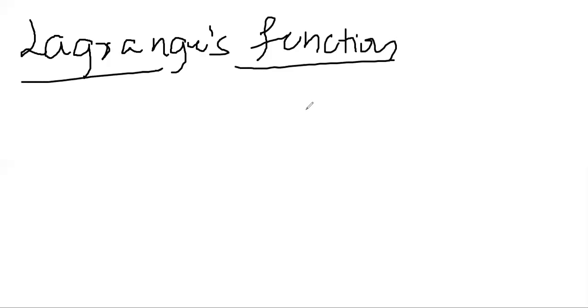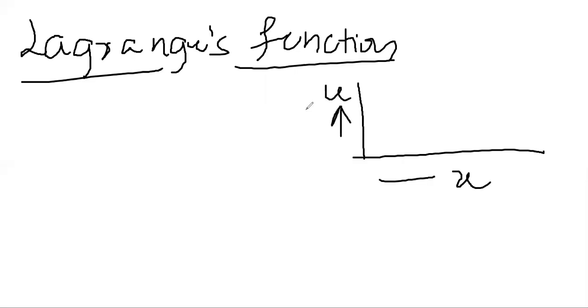For this Lagrange interpolation function, suppose first we have a function which, when plotted, behaves as shown in the figure. First we assume one function is there. It is the x and y axes. This is x, and in this direction, the y axis is the displacement u. So one function varies like this.